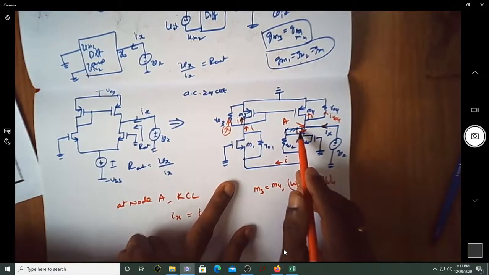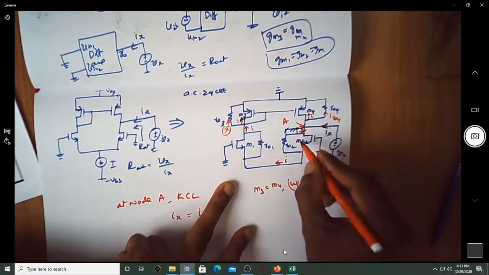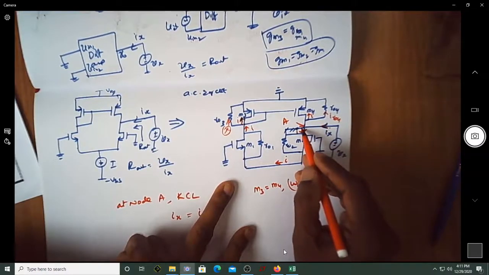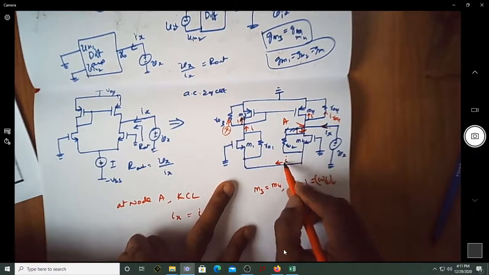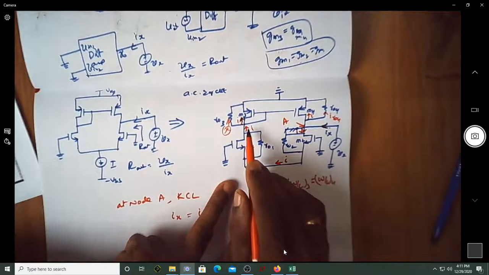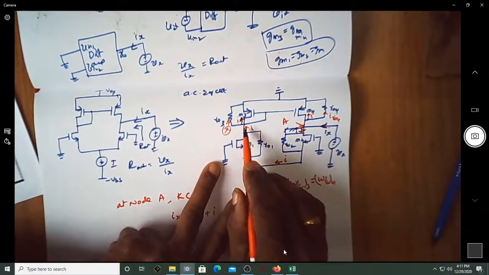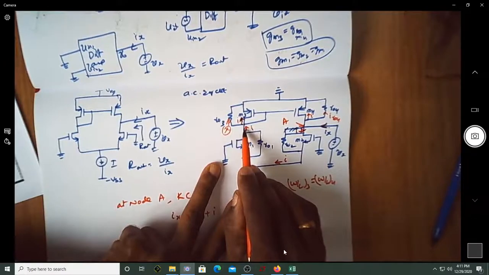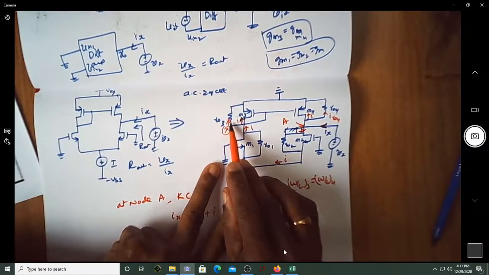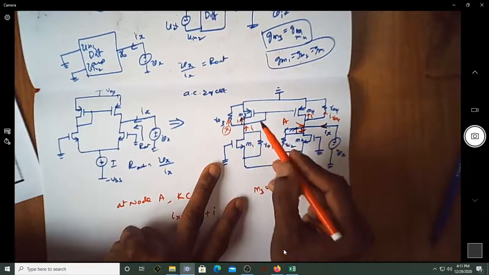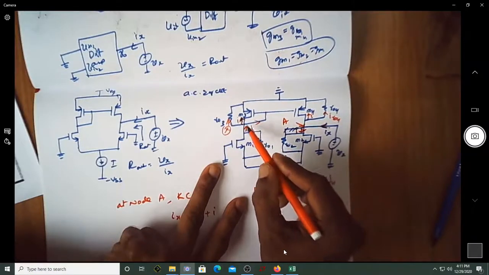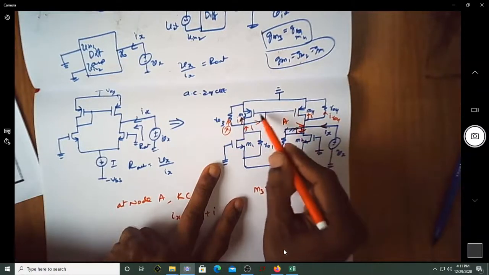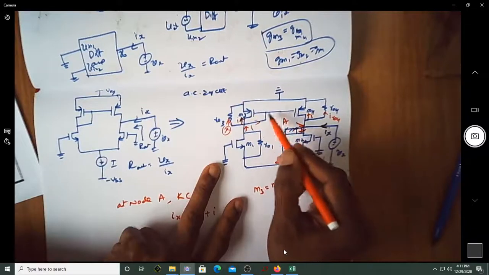Let us name the current going into M2 as I, because this current has to go here with the same magnitude, and the same current will flow here also. This current has two different paths: either it can go here or here. Somebody may argue, can the current go here? Current cannot go here because there is an open circuit on either side, because this is an insulator.